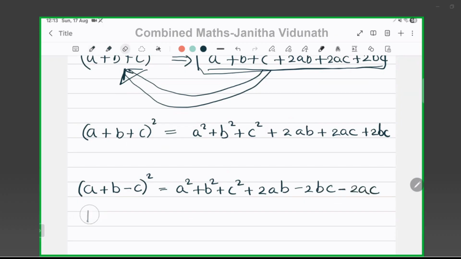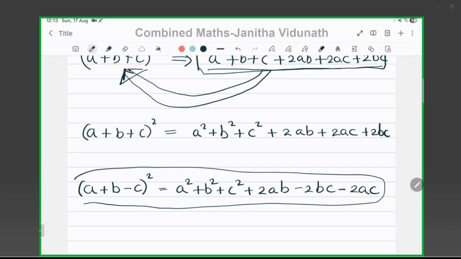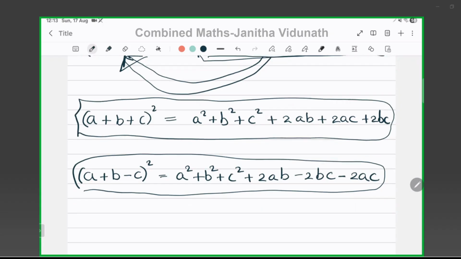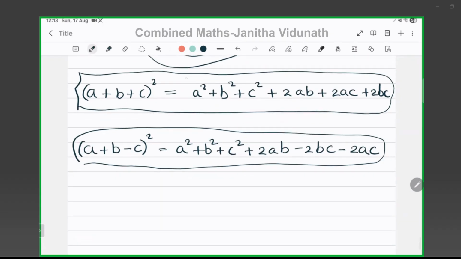This is the expansion we got for a plus b minus c whole square. And this is the expansion we get for a plus b plus c whole square. Now, if someone gives us this expression, we need to write it back as a plus b plus c whole square. Okay.